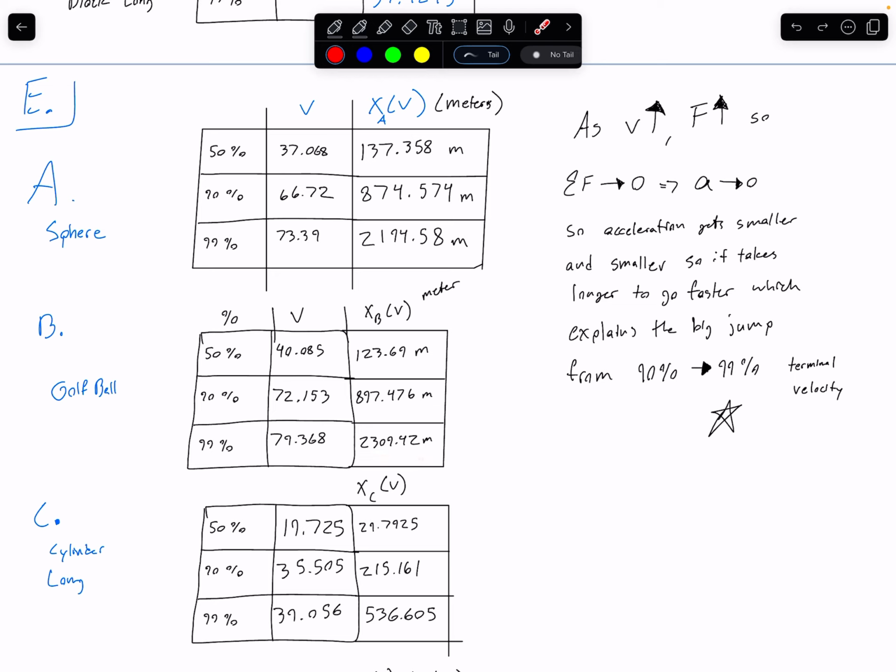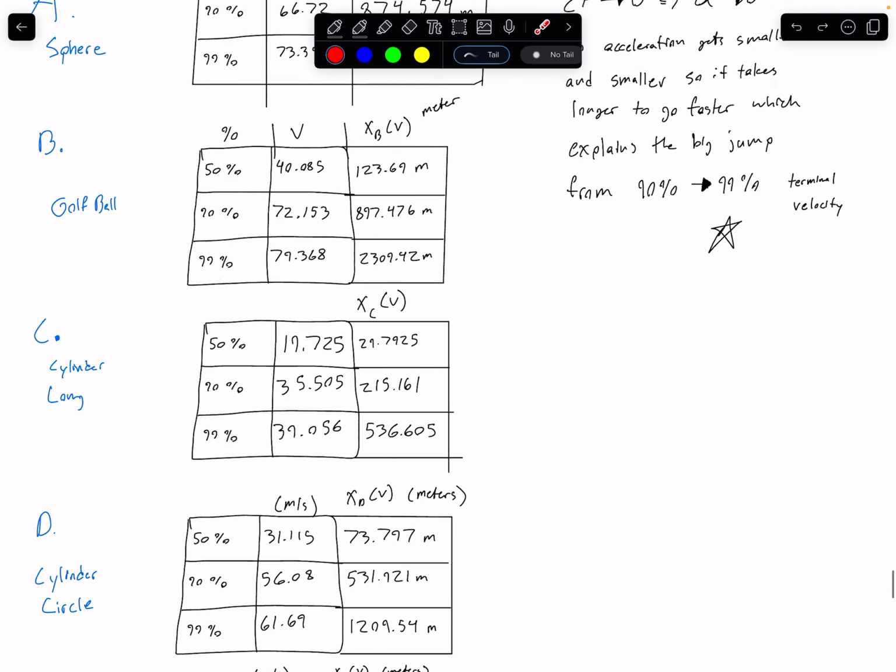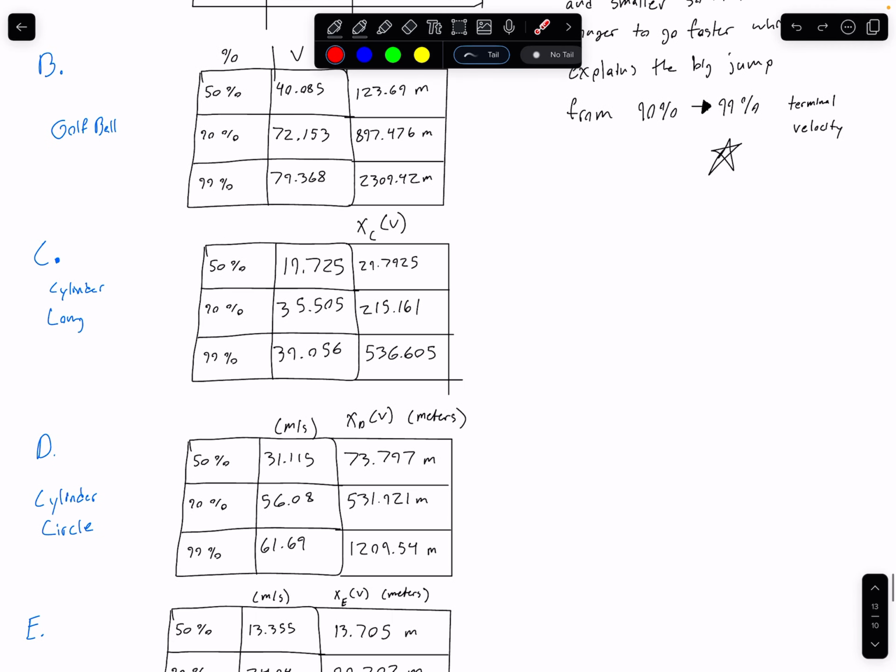So that actually is interesting, because 50% takes less distance to reach than the sphere, but it takes more to reach 90% and 99%. And all the functions are slightly different, so results will vary, but it's just interesting to see things.